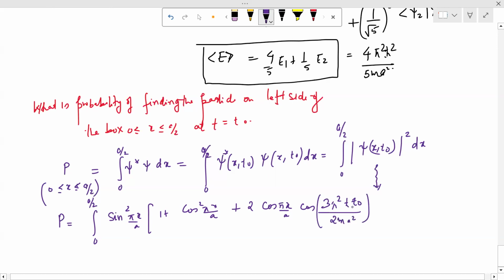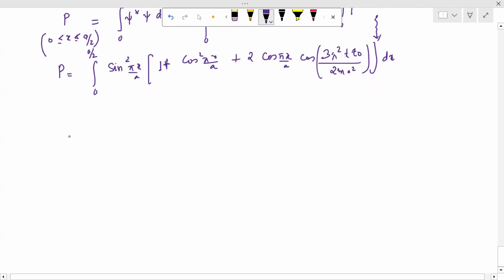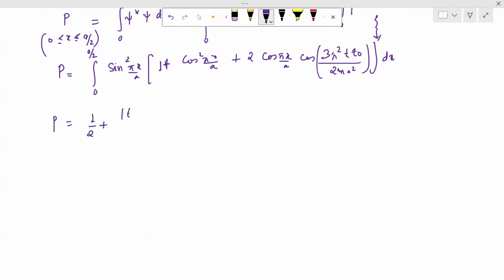And this entire thing is time dependent, so you don't have to integrate with respect to t. You have to integrate with respect to x only. So this probability turns out to be dependent upon time t naught, and this turns out to be 1 upon 2, 16 upon 15 pi cos 3 pi square hk t naught upon 2 m a square.